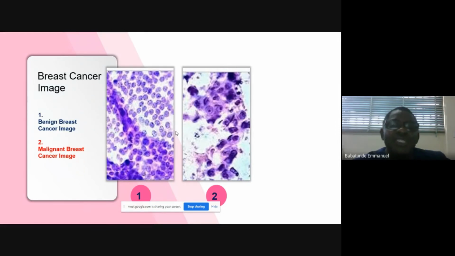Now, what is done in the characterization of this is to take the cell nuclei and do statistical measurements on each of them, like finding the radius of the cell, finding the perimeter of the cell, finding the texture, and finding the mean and the standard deviation and all of that for each of these samples, and characterize them and tabulate the values that have been obtained.